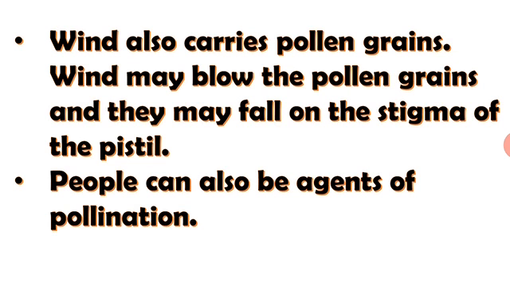Wind may blow the pollen grains and they may fall on the stigma of the pistil, and people can also be agents of pollination. So there are so many ways of pollination. It can be with the help of nature, animals, or humans. So that's it for today.